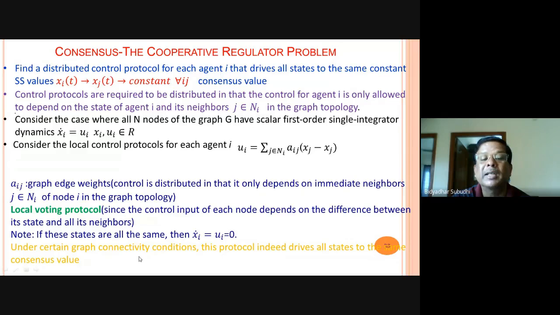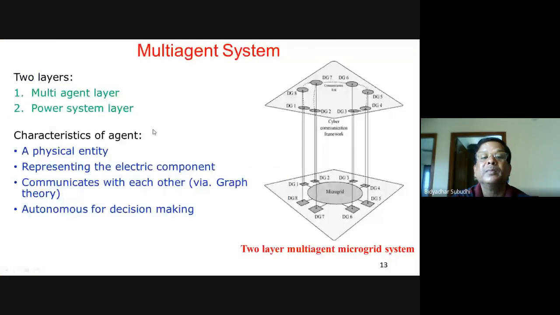Under certain graph connectivity conditions, the local voting control indeed drives all the states to the same consensus value. So our objective is that all the states must achieve consensus, that means they must drive to the same consensus value.